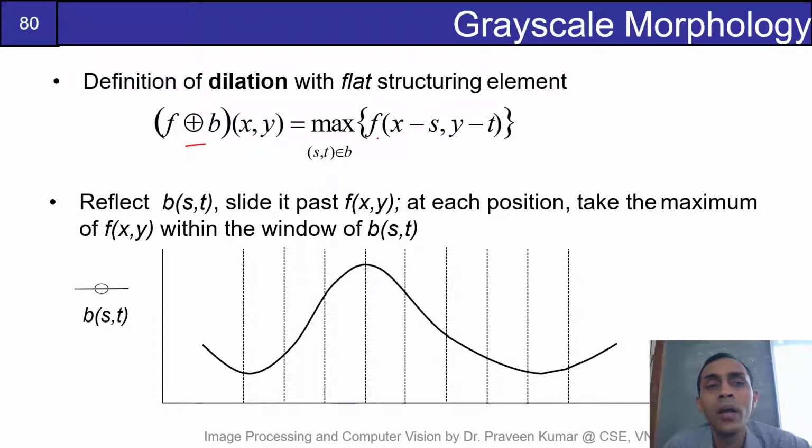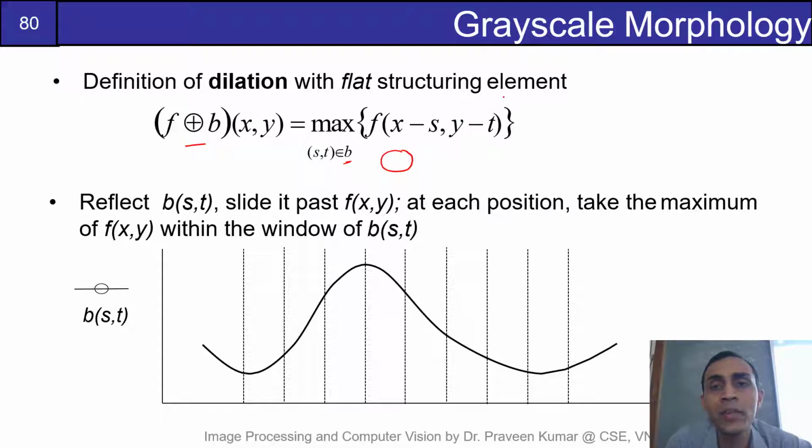It will be over a small region of b, wherever this structuring element is. If it is a flat structuring element, within that region we will look at all the values of f, and wherever the maximum value is, we will replace it by the maximum value.